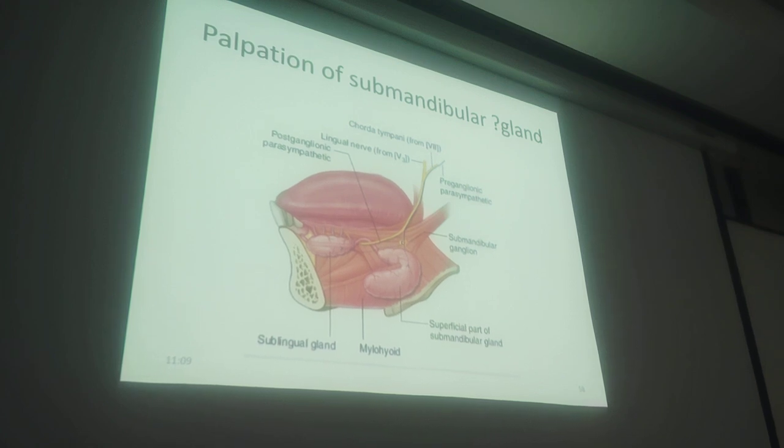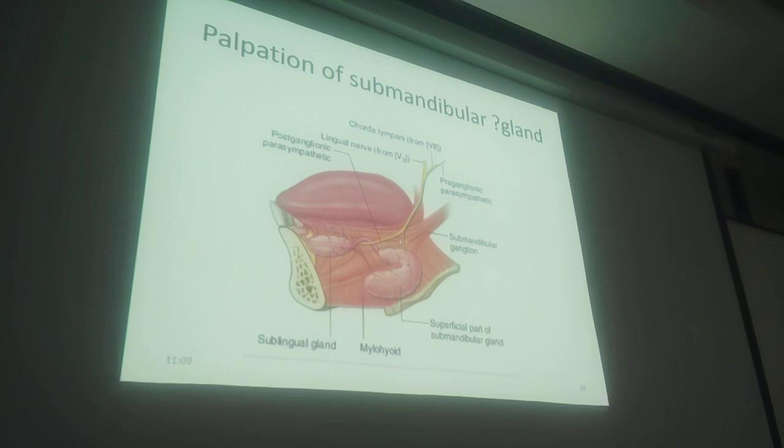Mylohyoid is the oral diaphragm, which is below the oral cavity. Putting a finger by the side of the tongue, below it, you are effectively in the plane between mylohyoid and hyoglossus. Then you can palpate the deep part of the gland. If the gland is enlarged, both parts will enlarge.